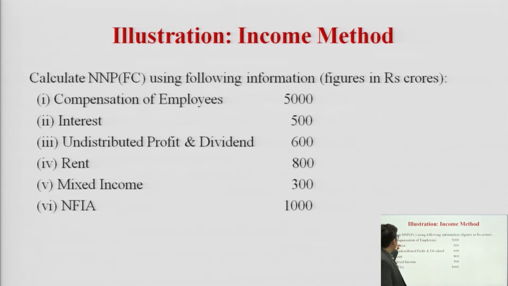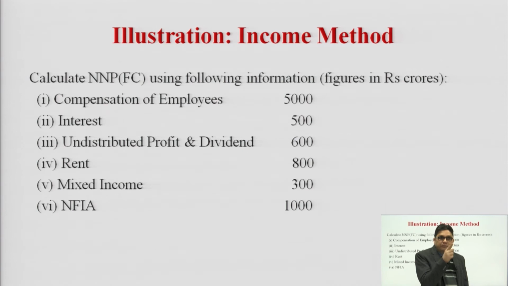Again, calculate NNP at factor cost using the following information, figures in crore. Now we need to be very careful: when we calculate national income through the product method, our value will be GDP at MP. When we calculate national income by the income method, we will reach NDP, net domestic product at factor cost.